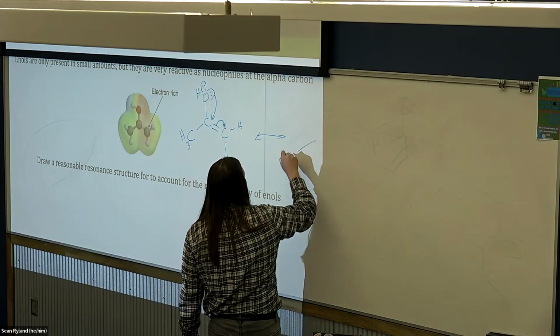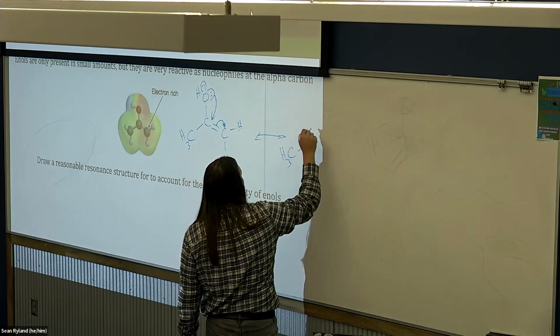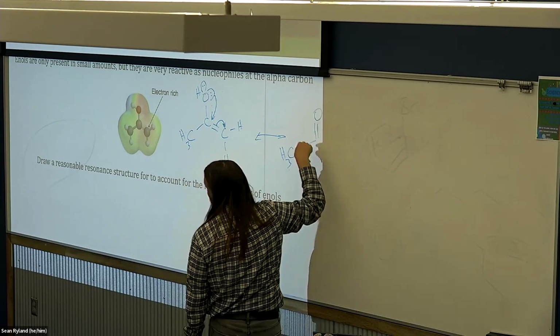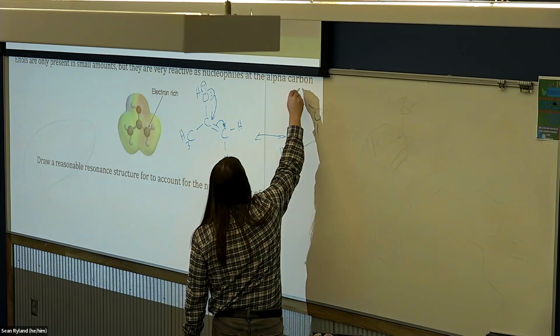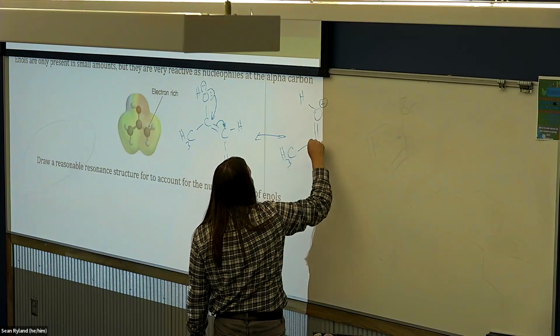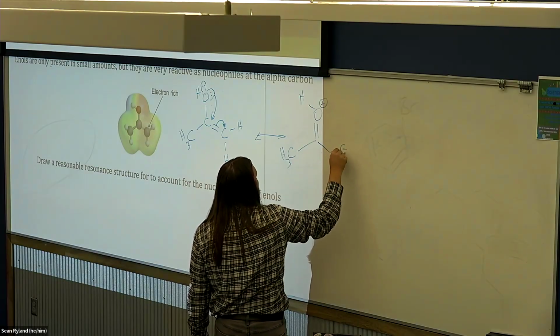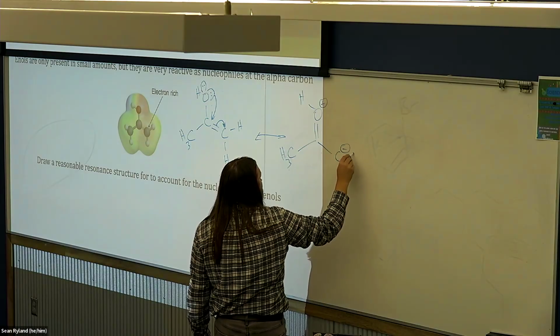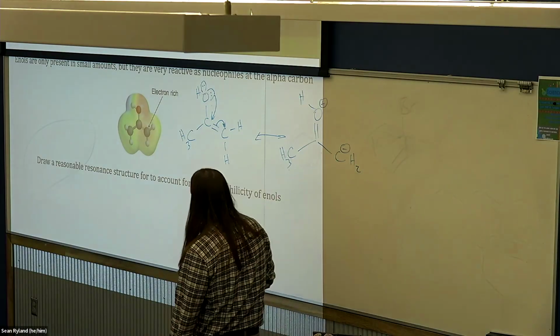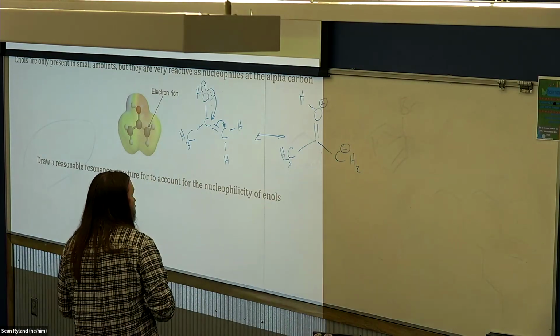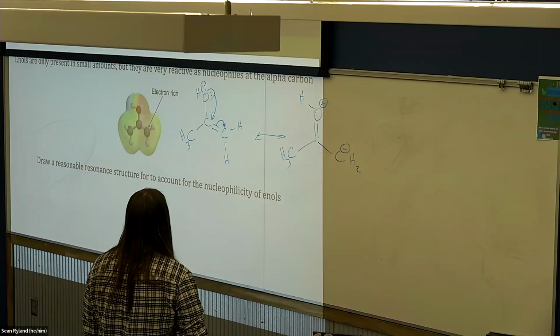So our resonance structure would look like, it still involves putting a pi bond between the oxygen and the carbonyl carbon.